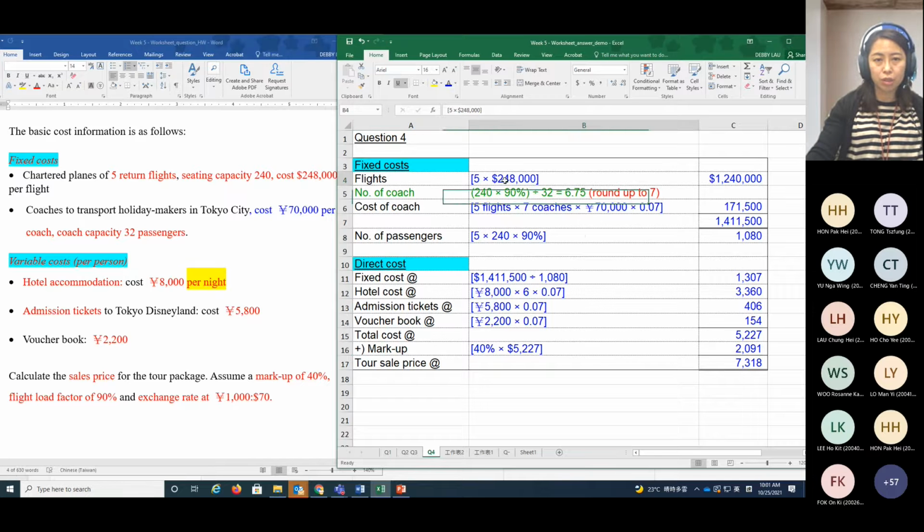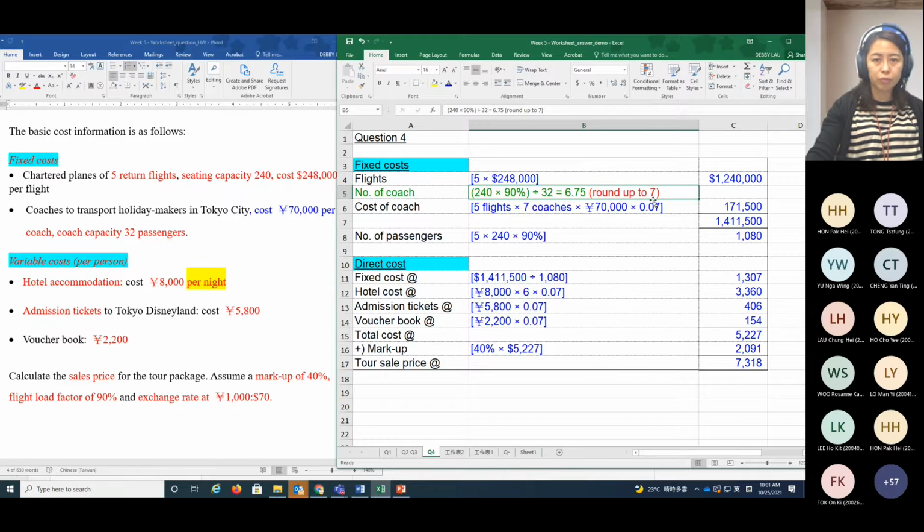So in question 4, you have calculated the fixed cost and the direct cost. For the fixed cost, you have timed the flight cost by 5, so altogether 1,204,000. Next is for your reference, the number of coaches. You are required to stand by 6.75 because you got 240 passengers in each flight and a show up rate of 90%, divided by 32 passengers for each coach. So you have to get ready for 6.75 coaches for each flight when they land.